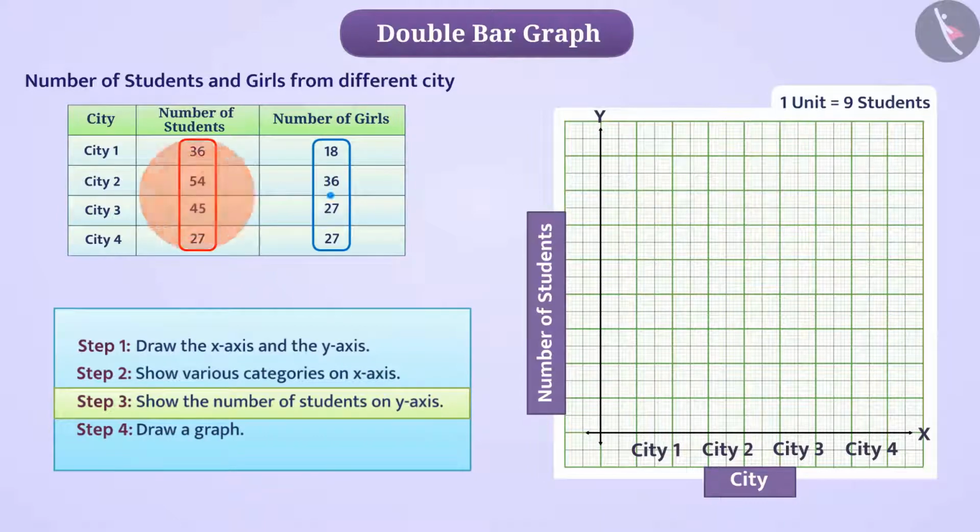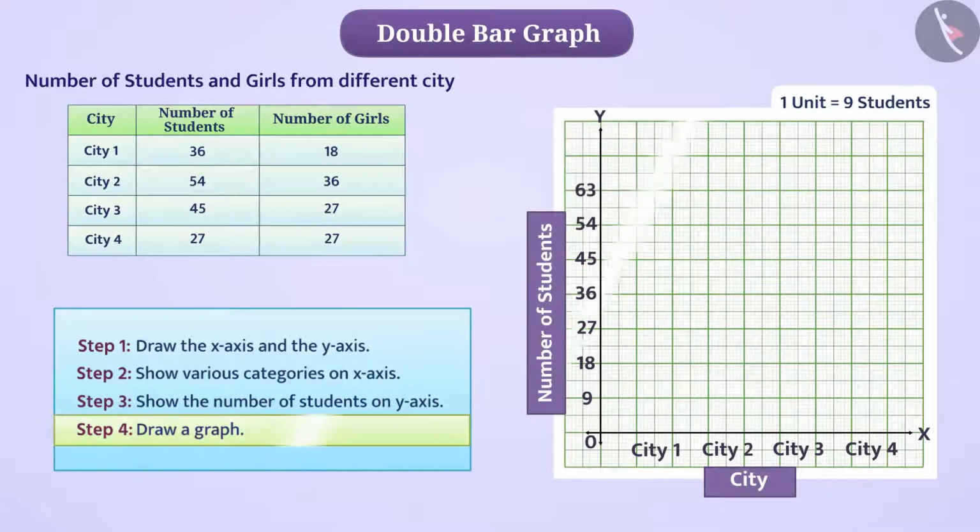Because all the numbers are multiples of 9, we will show the numbers 0, 9, 18, etc. on the y-axis. The maximum value here is 54, but for our convenience, we have taken numbers up to 63 on the y-axis.